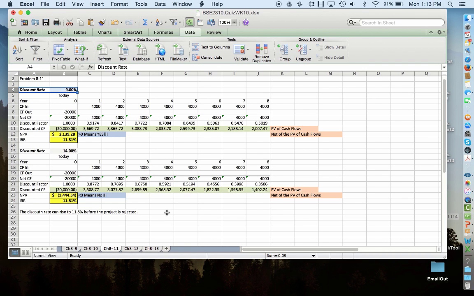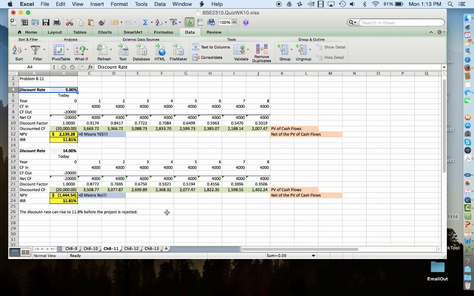When you see something like that, you're interpreting it as this is probably going to be the year 0 investment. And because it says it's an outlay, that means that it's negative. The cash flow is a negative value.